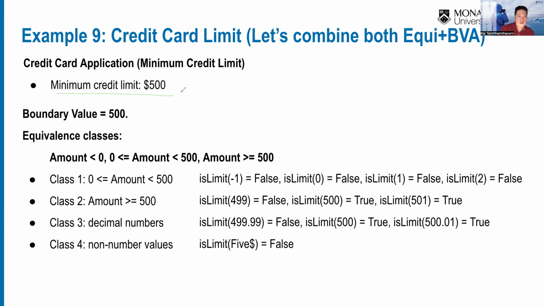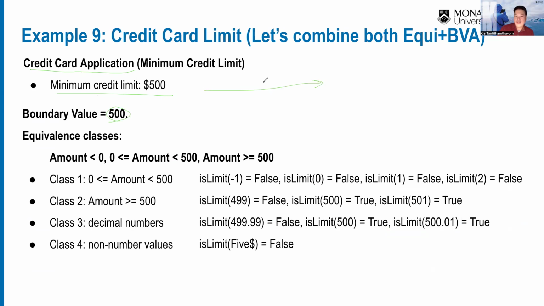This is a credit card application. Normally when you apply for a credit card, you input the minimum credit card limit, and it will return true if it is over 500, otherwise false. So that's the minimum 500, which means the boundary value is 500.